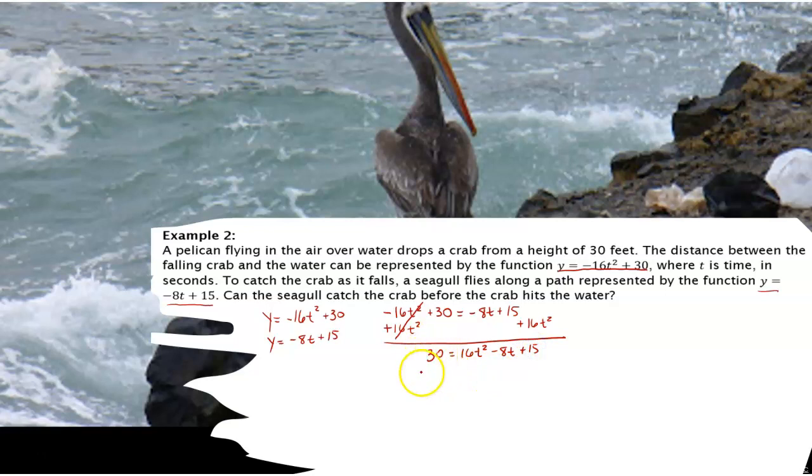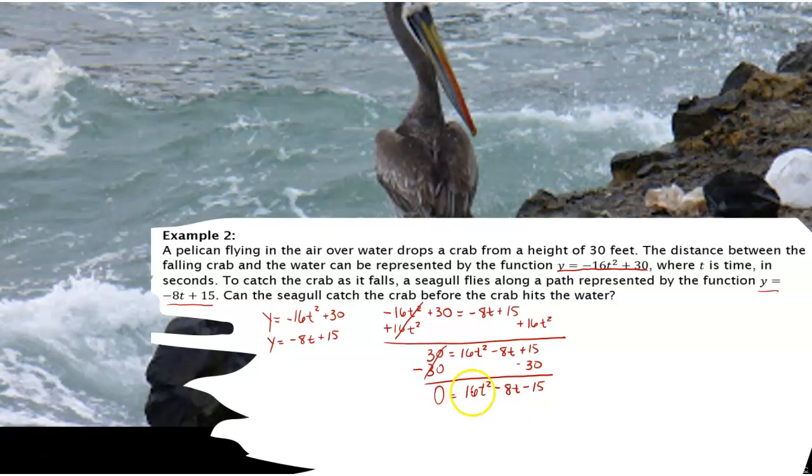Now the 30 is over here. We need it to be 0, so minus 30, minus 30. And we'll have 0 equals 16t squared minus 8t minus 15.